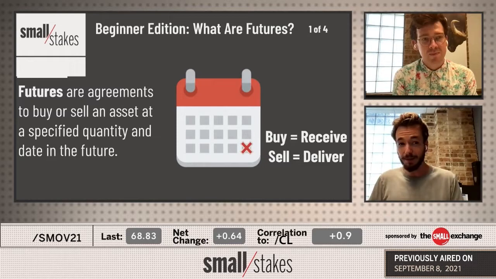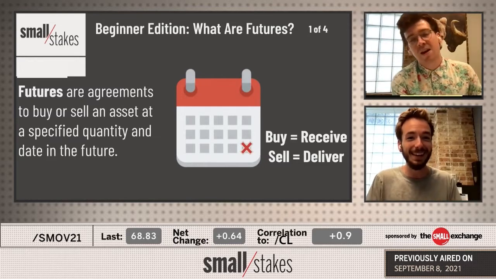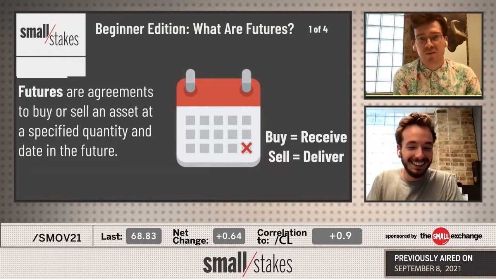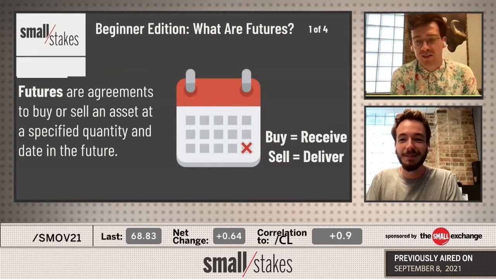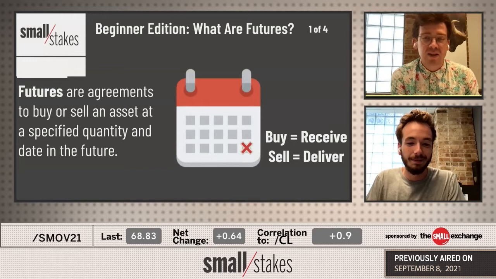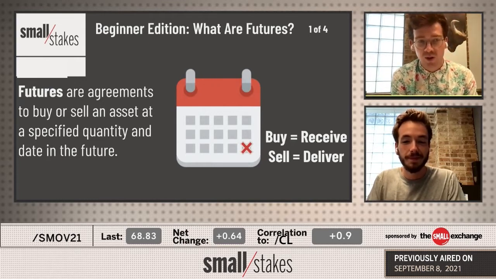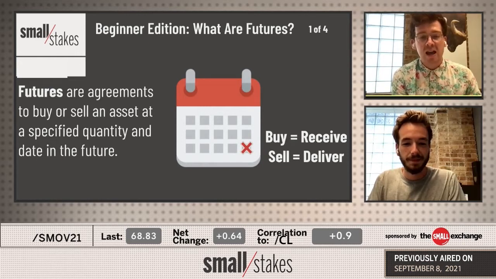What does that mean, Frank? Why don't you break it down in actual layman's terms? I mean, this old definition that you get via Google and some other places, the best way to describe it is with an old school example. Futures were created for farmers of rice, farmers of corn, and so many other commodities to essentially say, hey, I'm going to have this thing in a couple of months from now.